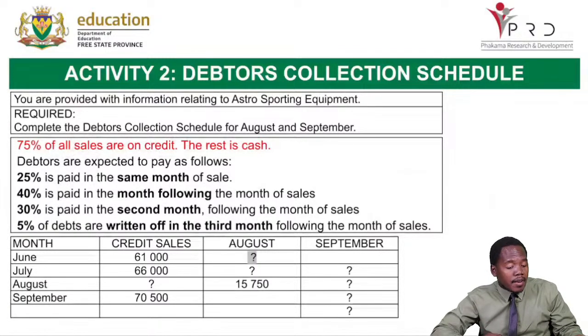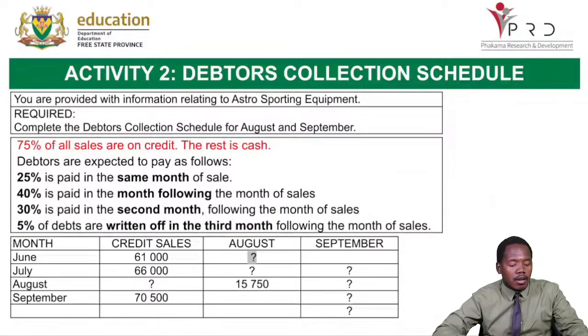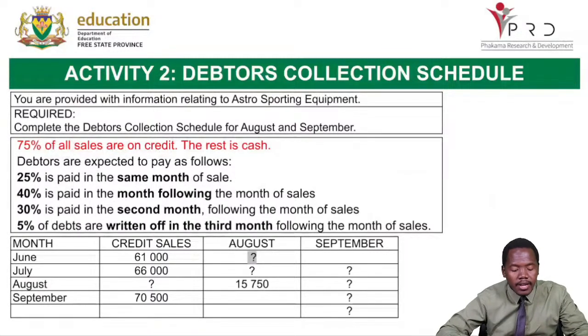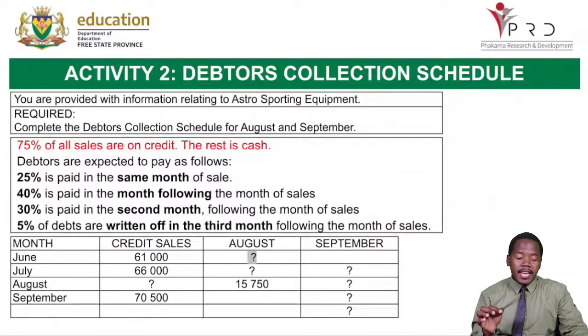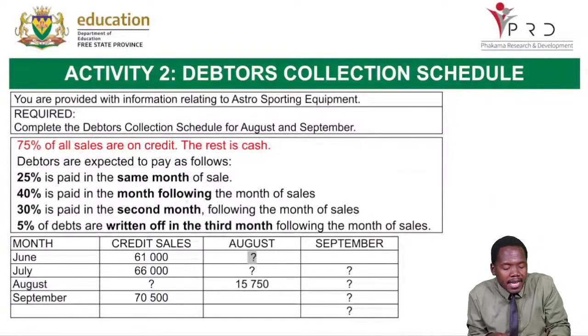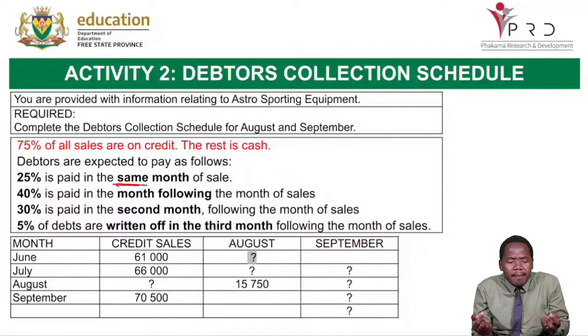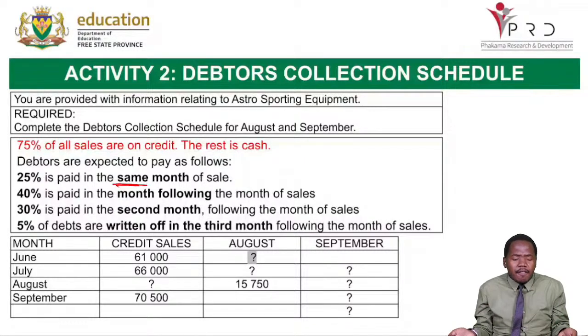Very important, 75% of all sales are on credit, the rest is cash. Debtors are expected to pay as follows. 25% they pay in the very same month, meaning if I sell in January, I am going to collect money starting from January.